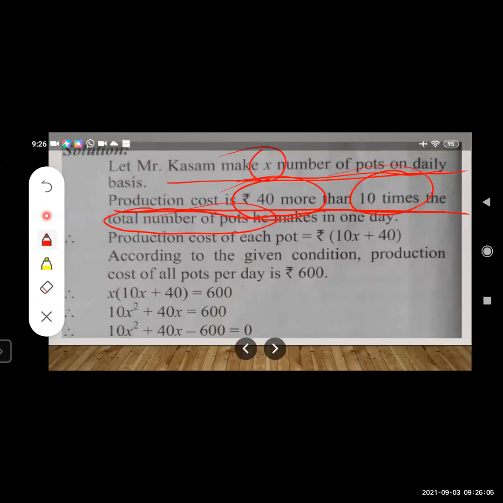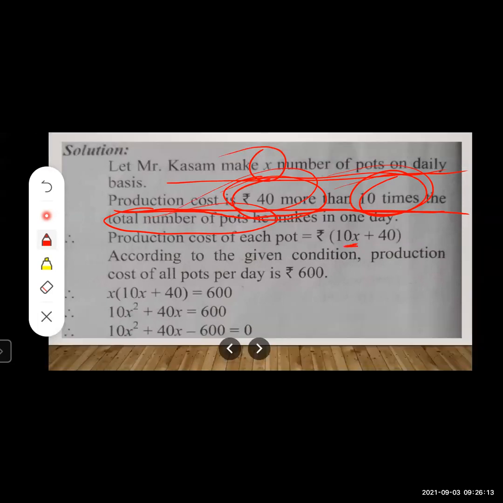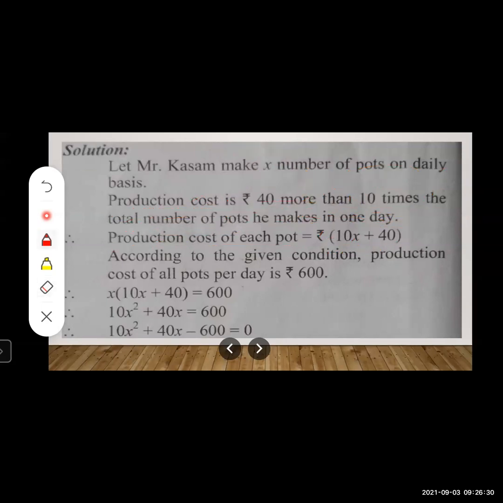The total number of pots is X. Its 10 times will be 10X, and 40 rupees more. So you will get the production cost of each pot as 10X plus 40.